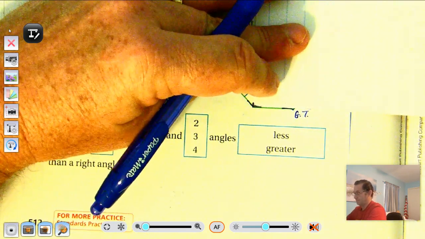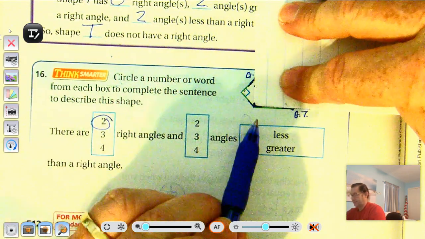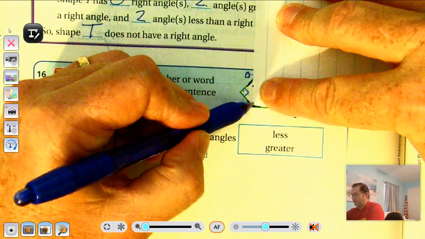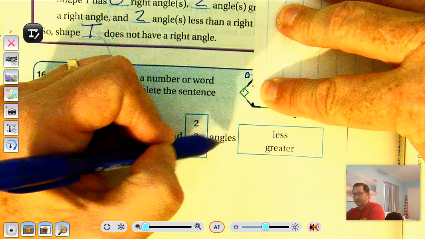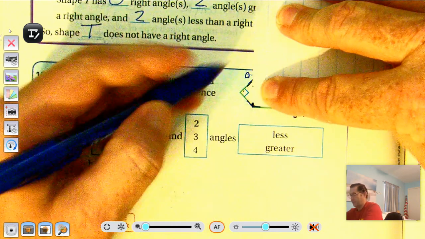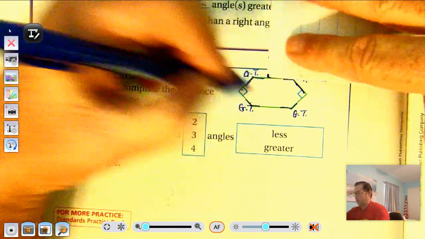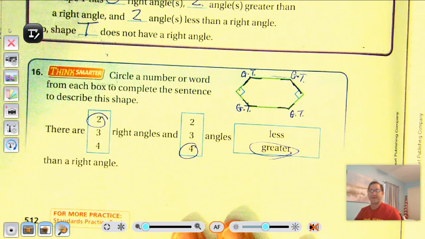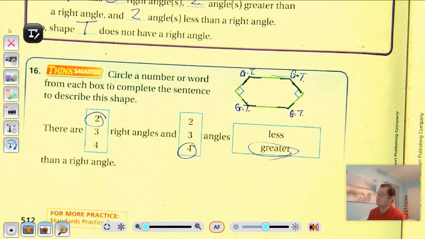This one, I see the green part of the angle along the edge of my paper. The corner of my paper is pointing right at the vertex, and the other side of the angle is off of the paper, so that's greater than. So it has 4 angles greater than a right angle.